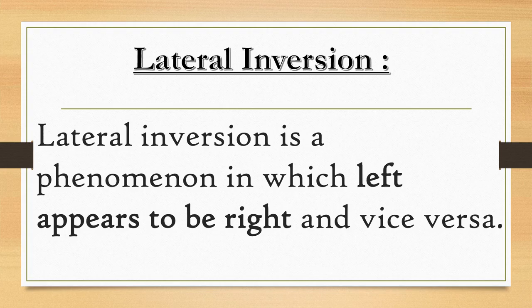While learning about the differences between image and shadow, we come across the term lateral inversion. Students, lateral inversion is a phenomenon in which left appears to be right and vice versa.